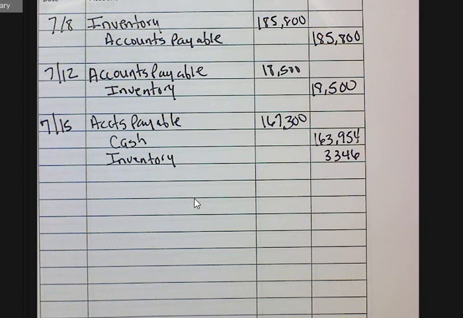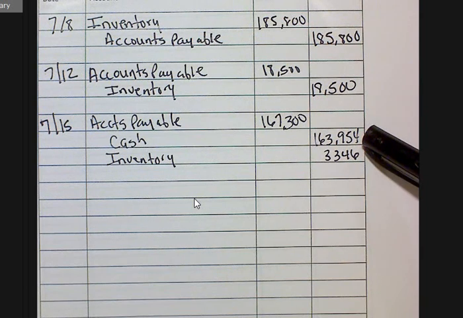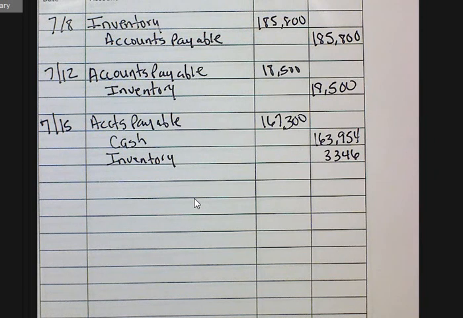In requirement 2, the problem asks us how much of this inventory ultimately cost KC Toys, and that's going to be your amount of cash here, the $163,954. And you can even analyze that by looking at your inventory account. This would be our T account for inventory.